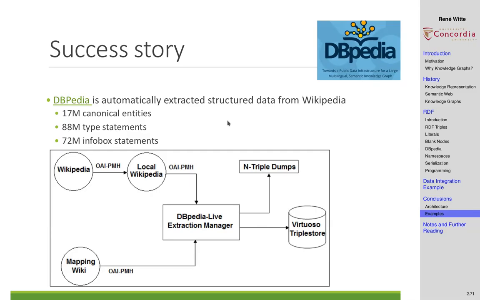And the newer versions of DBpedia integrate some additional information. But essentially it works with the Wikipedia from multiple languages. It processes it and then creates the DBpedia knowledge graph. And you can access the current version online, which is what you've used in the exercises so far.